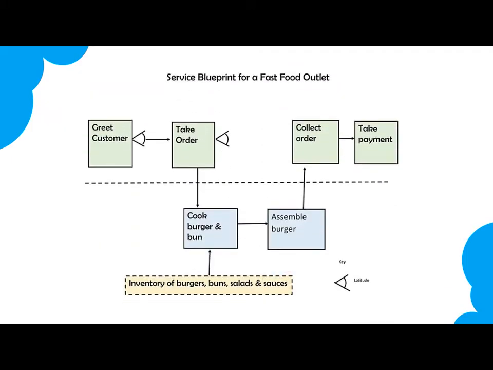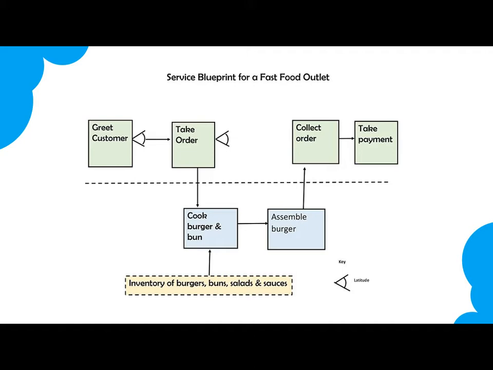This is the typical example of service blueprint for a fast food outlet. Here, the dotted line is the line of visibility that separates customer actions and backstage actions. Now we can see various actions. First is to greet the customer, then take the order from the customer.